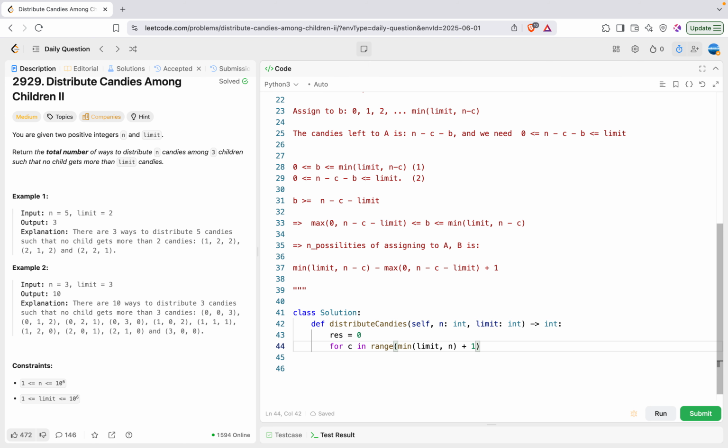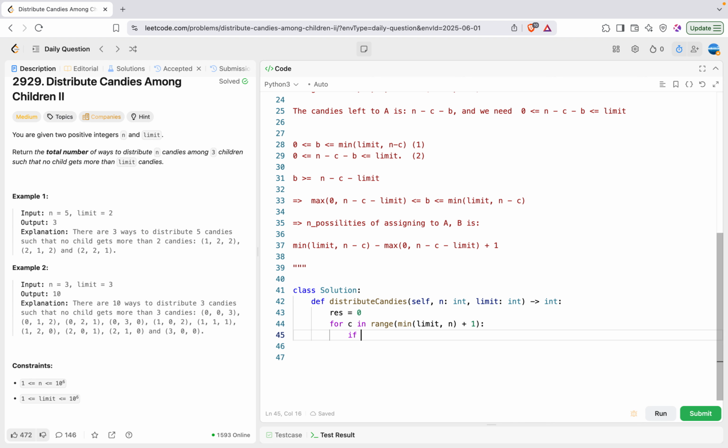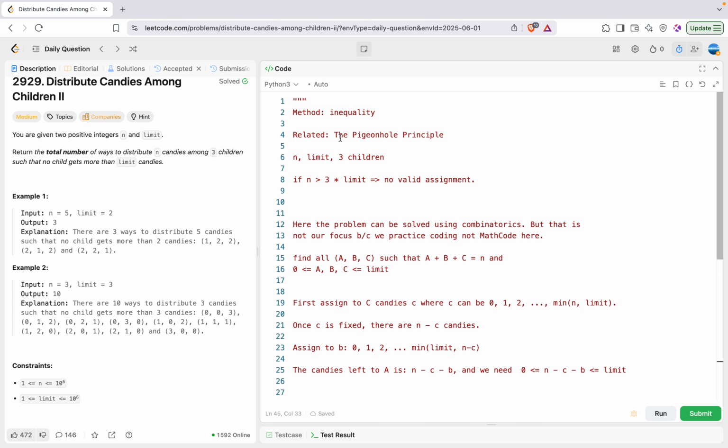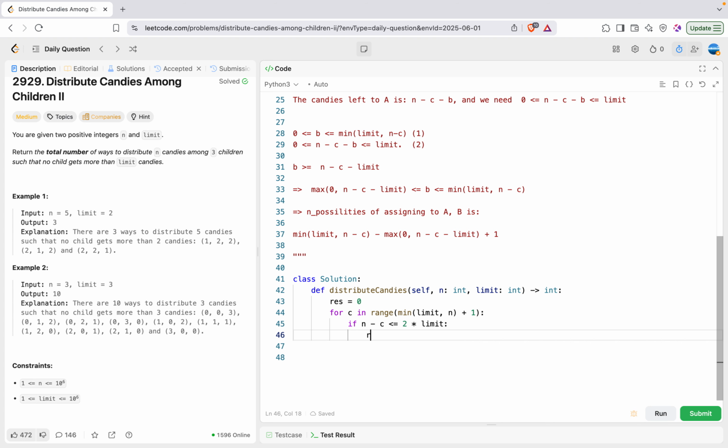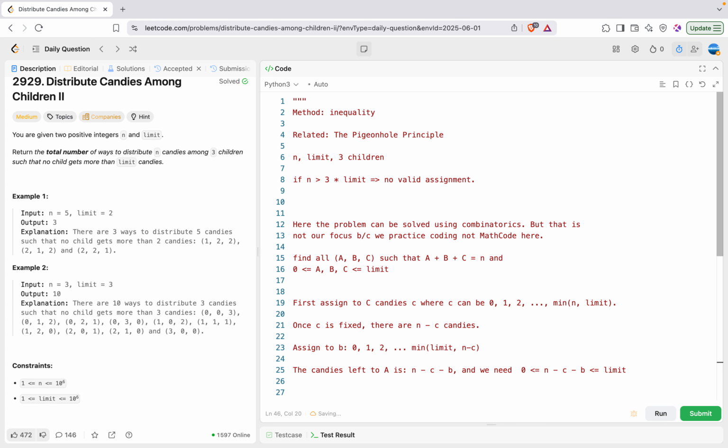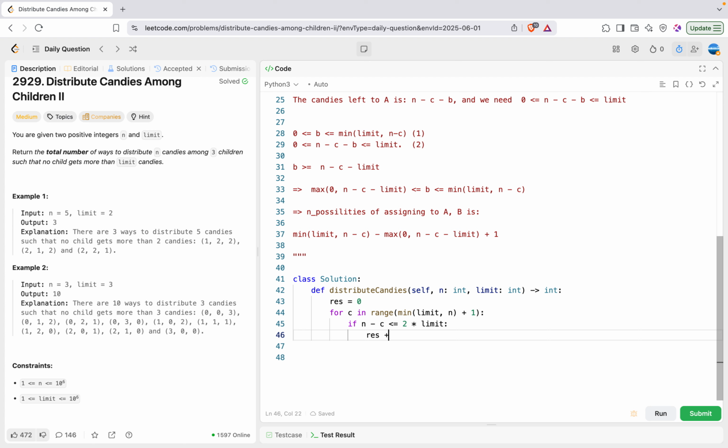Then n minus c is the total candy we can assign to A and B. If this is greater than 2 times limit, then using the same pigeonhole principle, we cannot finish the assignment. In other words, we consider the case when n minus c is less than or equal to 2 times limit. In this case you can derive this formula, so result is incremented by the number of possibilities.